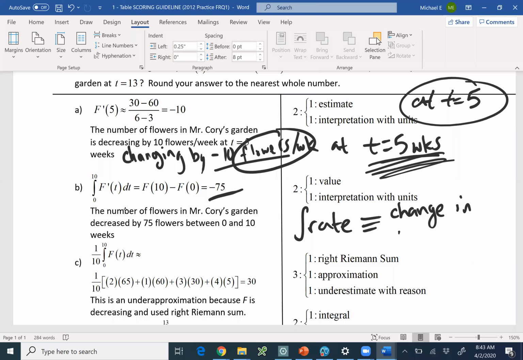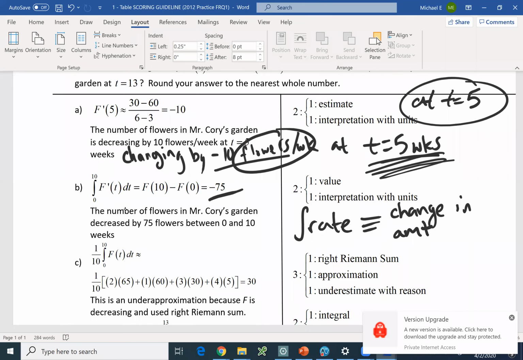So it's the change in the amount. In this case, f prime was the rate of flowers. So the integral becomes f, which is going to be the change in the amount of flowers. Because it's negative, we're going to say it decreased. So Mr. Corey's flowers decreased by 75 flowers between 0 and 10 weeks.